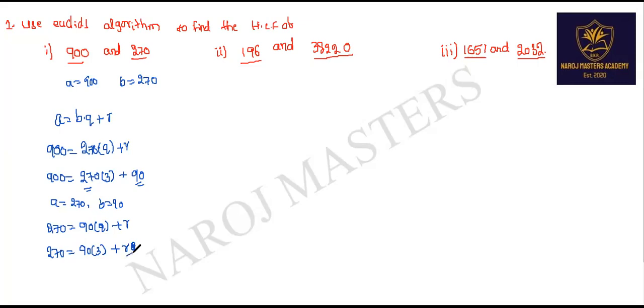After the remainder R is equal to 0, then we can say that the value of B is the HCF. So the HCF of 900 and 270 is 90. Okay.